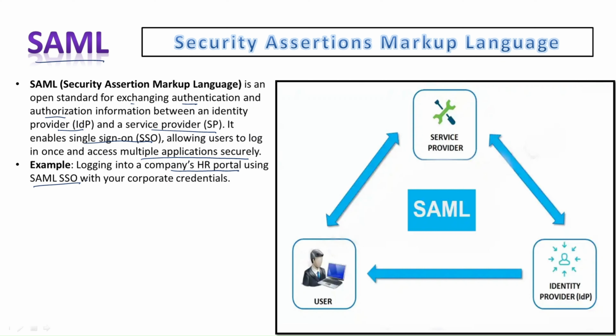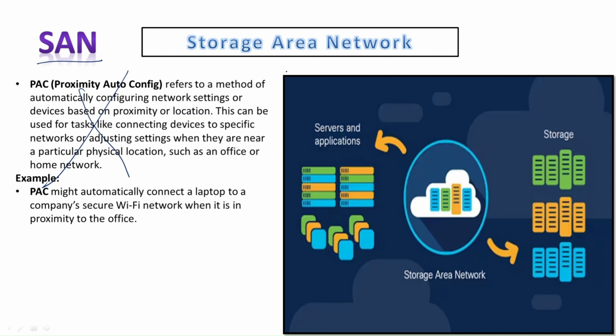SAN, that is Storage Area Network. Sorry, the previous definition is not for SAN. So SAN is basically a storage area network where storage is centrally controlled and provided to devices such as servers and applications.